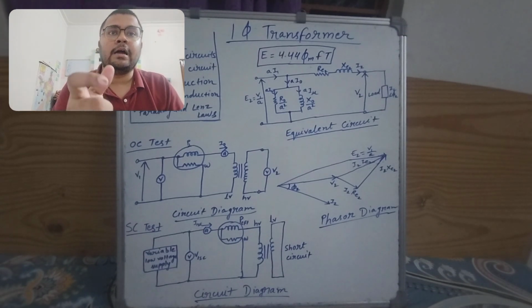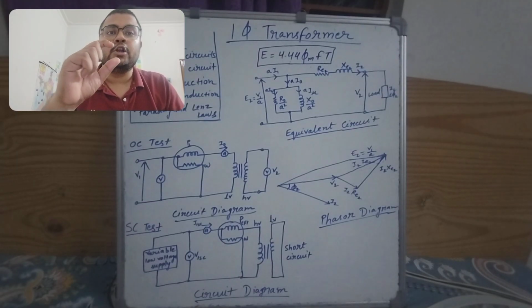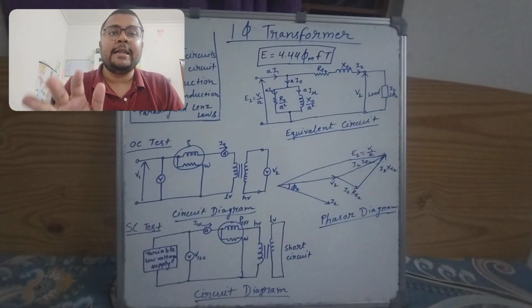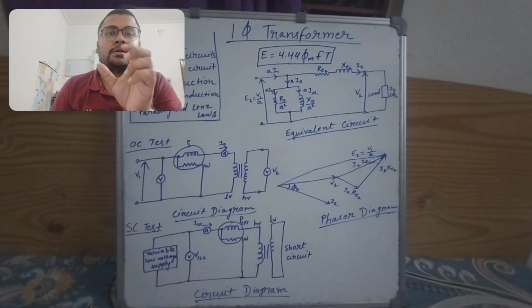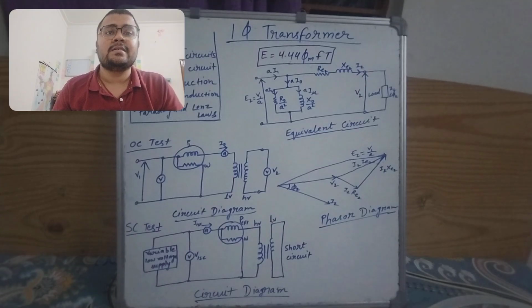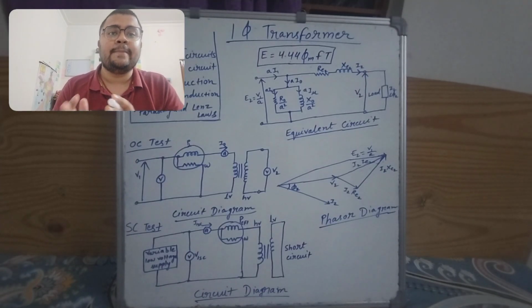I mu is responsible for producing the flux, and I2 squared R is the loss. There are different types of losses in the transformer because we are considering a practical transformer, not an ideal transformer.